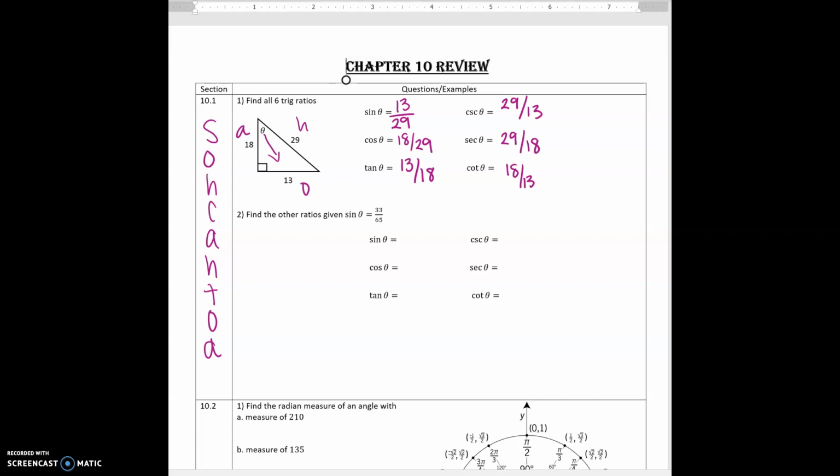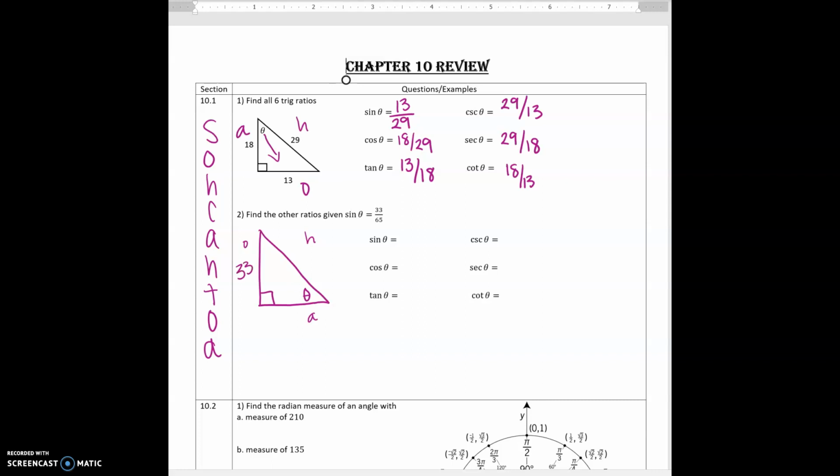Okay, the next one, find the other ratios given that sine of theta is 33 over 65. So I'm going to go ahead and start by drawing a picture, and I'm going to say that this right here is my theta. So this would be my opposite, this would be my adjacent, and this would be my hypotenuse. Sine is opposite over hypotenuse, so my opposite is 33.